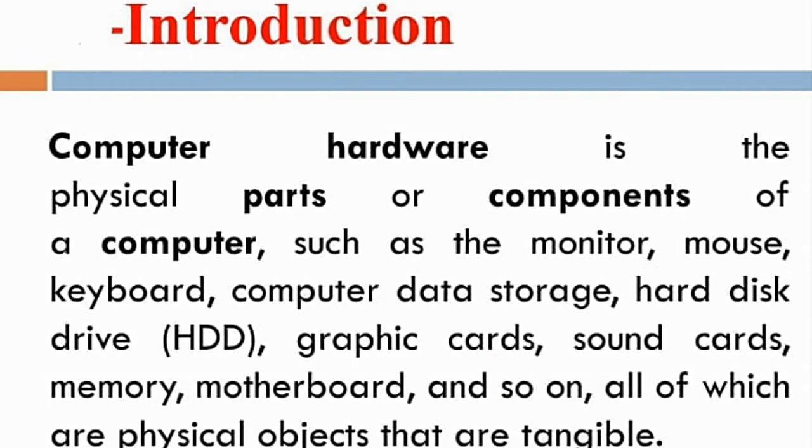Okay, students, take out page number 27. The title of chapter number 2 is Computer Components. In this lesson, we will study the different components of the computer, and this chapter is totally based on the hardware of the computer.